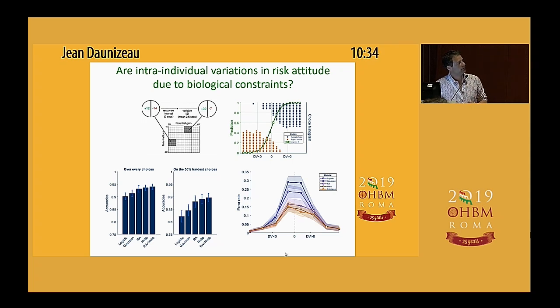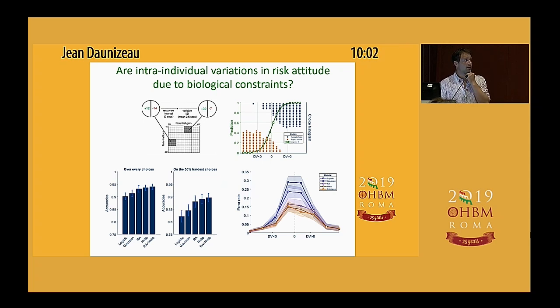When you look at how we can predict these difficult choices, we can capture very well these unexplainable choices using these biological constraints. But what you can see as well is that either range adaptation or Hebbian plasticity or a combination of the two leads to the same kind of prediction accuracy gain. So from behavior alone, we can't tell which of these constraints is really necessary to explain this behavior.